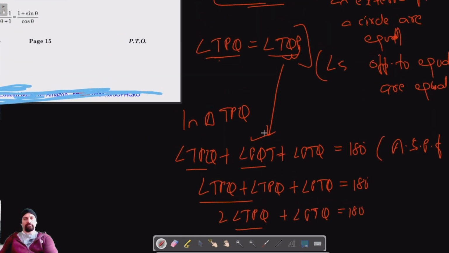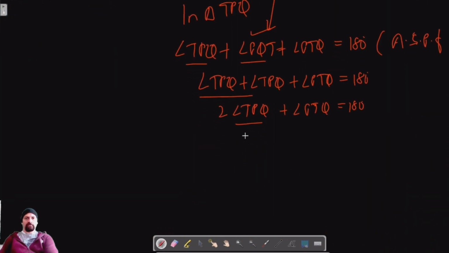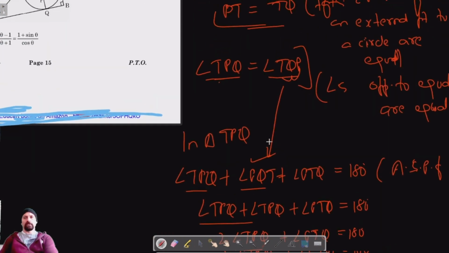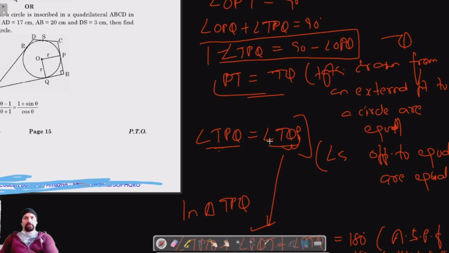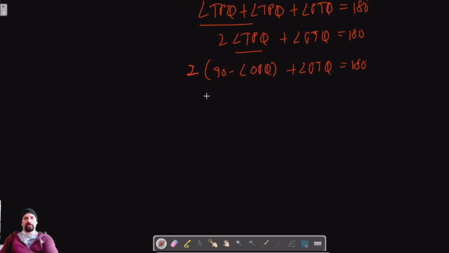Now we have angle TPQ is equal to 90 minus OPQ from equation 1. So I can write 2 times (90 minus angle OPQ) plus angle PTQ is equal to 180 degrees. If I open up the bracket, this is 180 minus 2 times angle OPQ plus angle PTQ is equal to 180.